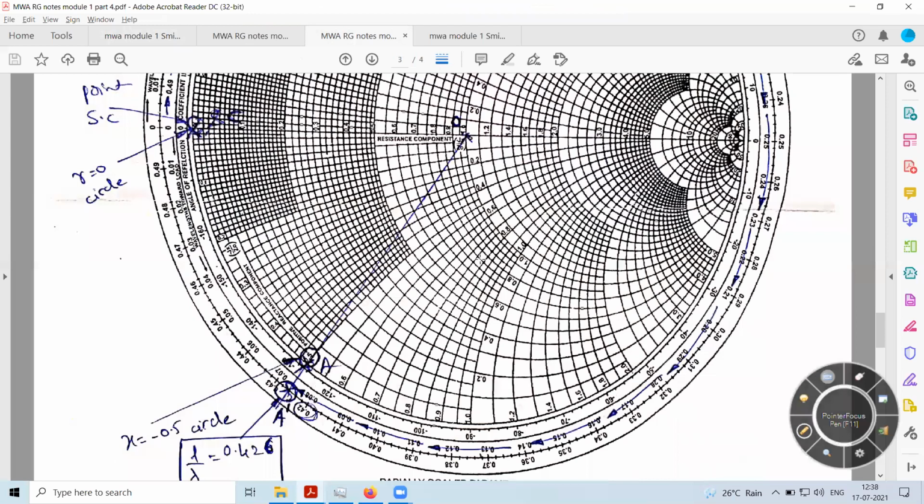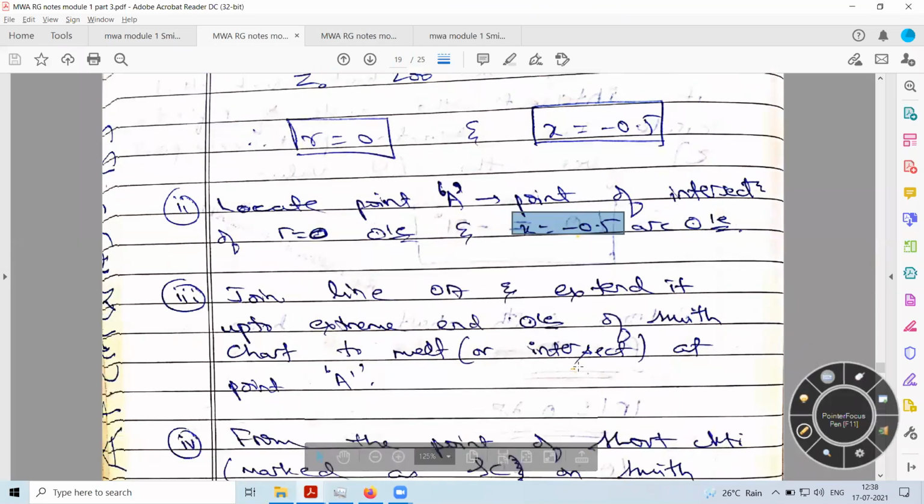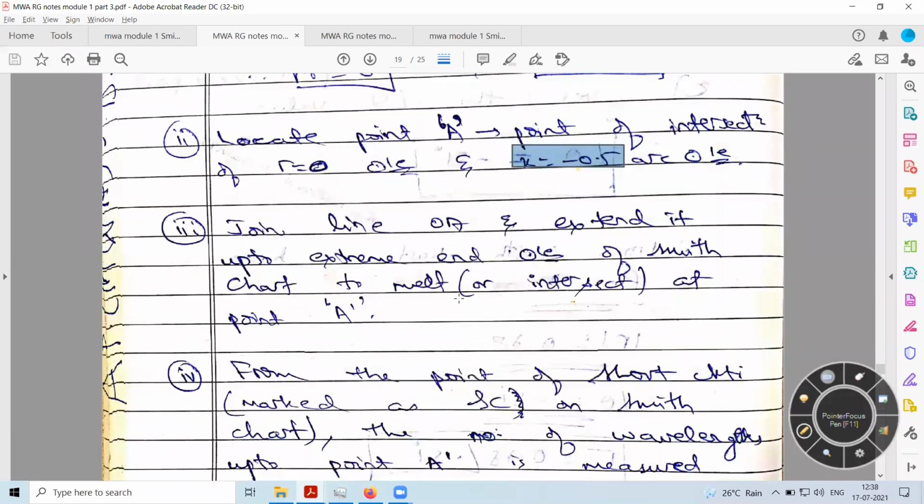The next step is you can join the line OA and extend it up to the extreme end circle of the Smith chart to intersect the outer circle at A dash.